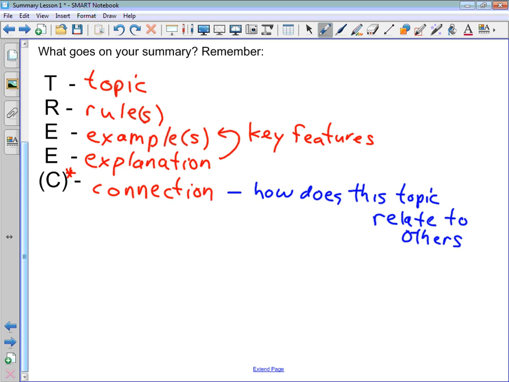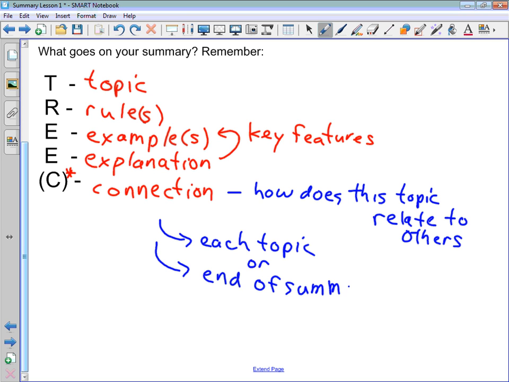You can do this for each topic, or you can do them at the end of the summary, and list all of the connections that you've come across. And the little stars, because you might want to highlight these connections just by putting a star next to them. So you might have your explanation and then do a little star and say this relates back to what we did before, or something like that.